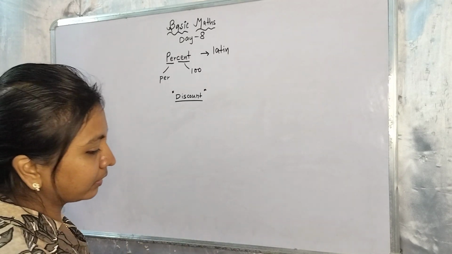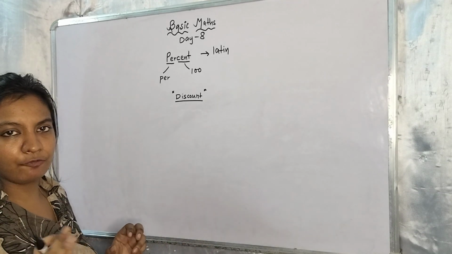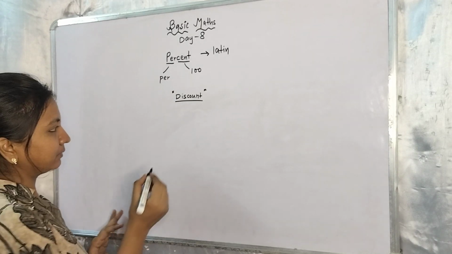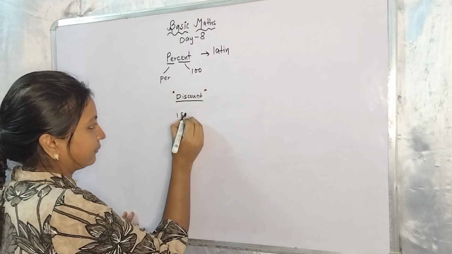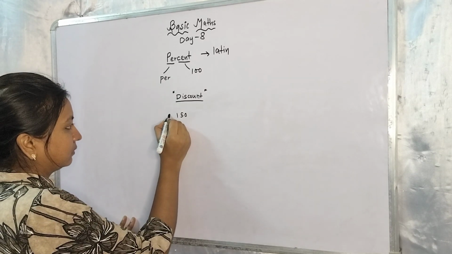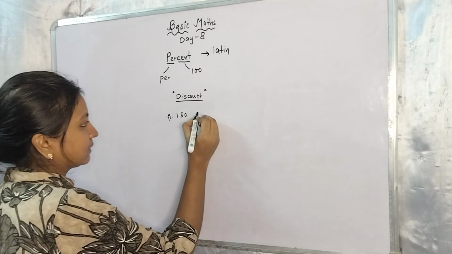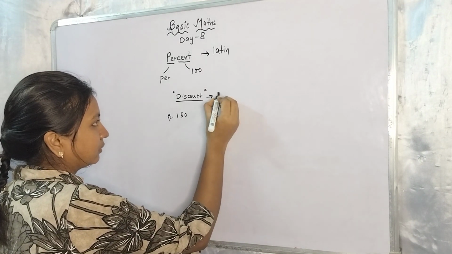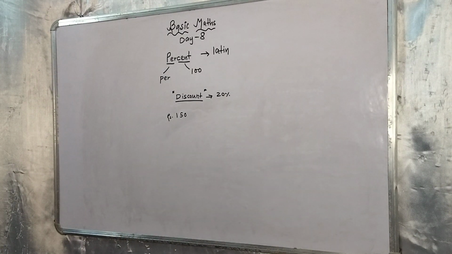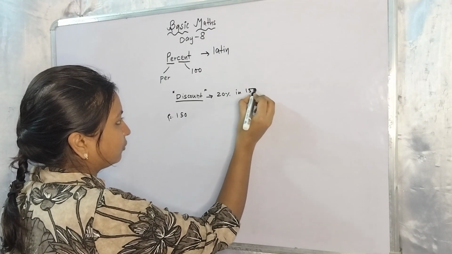So if you are going shopping and you see a percentage off or a discount, how will you convert it? For example, any item that costs 150 rupees or $150, and there is a discount of 20 percent. So you have 20% discount on a 150 rupees item.